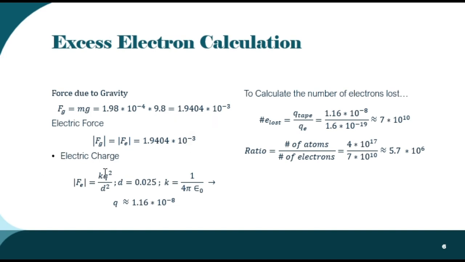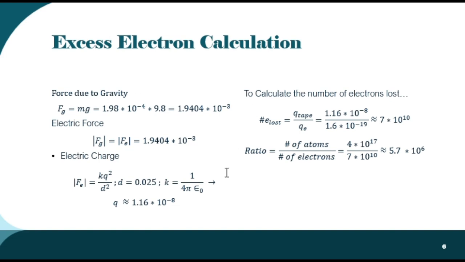To find the electric charge itself, I set these equations equal to each other, where the distance is 0.025 meters and k is 1 over 4 pi epsilon naught. Dividing by k, multiplying by d squared, and square rooting that, I ended up getting a q value of 1.16 times 10 to the negative 8th.